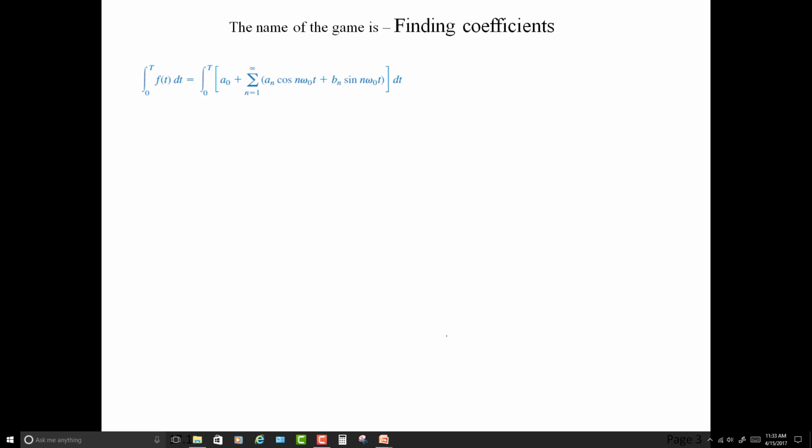This is our basic equation of Fourier from the previous slide, where f of t is all of this, and we'd broken that into the DC and the AC components. So what we want to do now is find A0, the DC component.